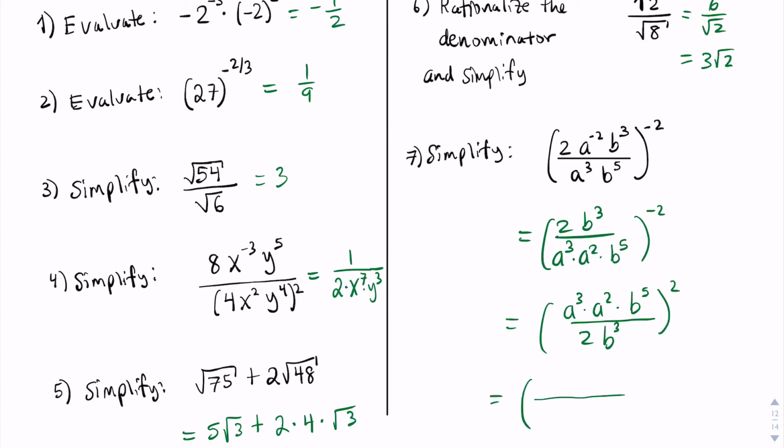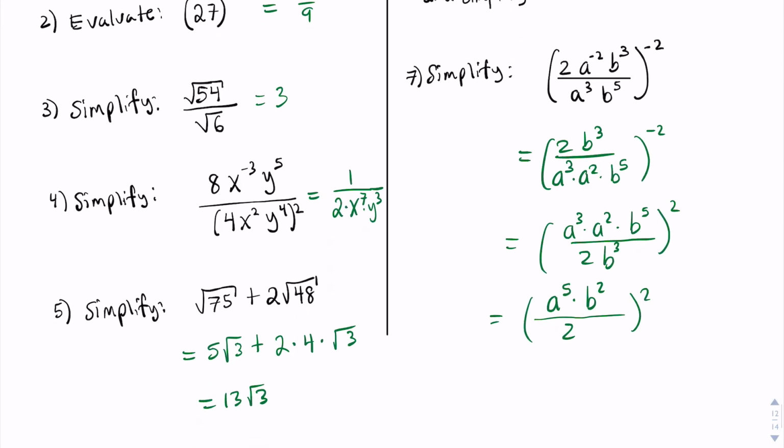On the inside, we're going to have a to the fifth power and b to the second power divided by 2. So it will look like this: a to the power 5, b to the power 2, divided by 2, right? And finally, the answer here will be a to the 10th, b to the 4th divided by 4. That will be the answer for the last one.